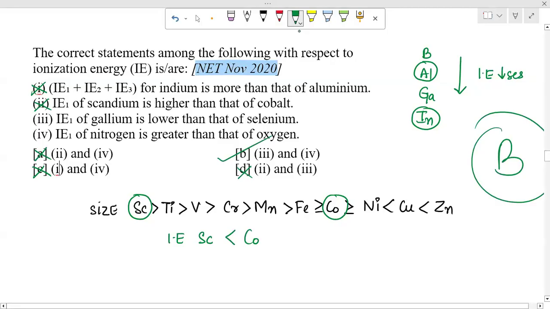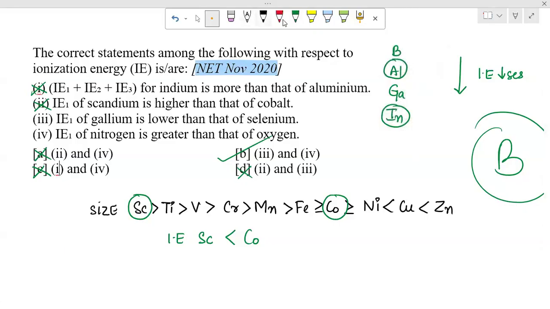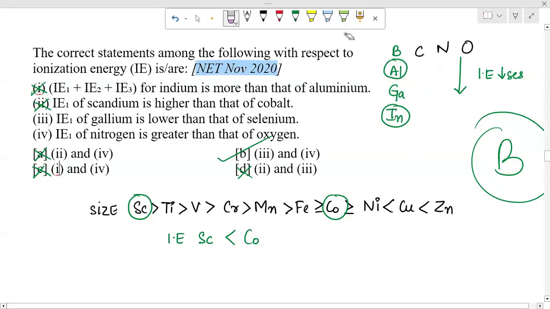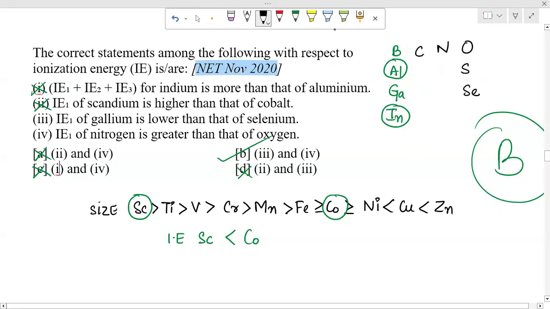Let's look at how it is. Ionization energy of gallium is higher than that of selenium. For that we need the periodic table. This is the position of gallium. After boron we have carbon, nitrogen, oxygen, and then sulfur, selenium.